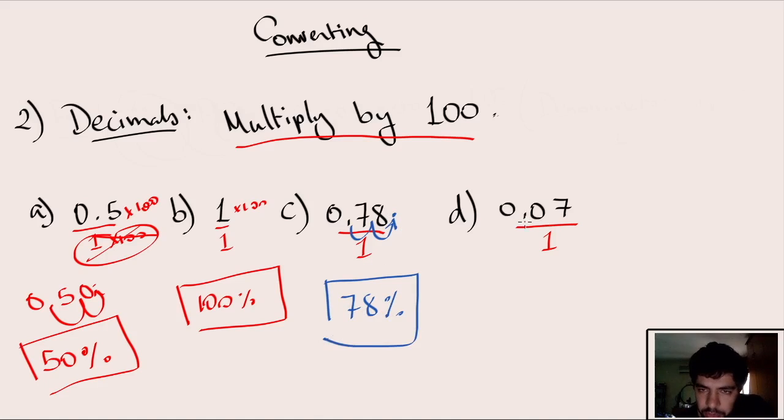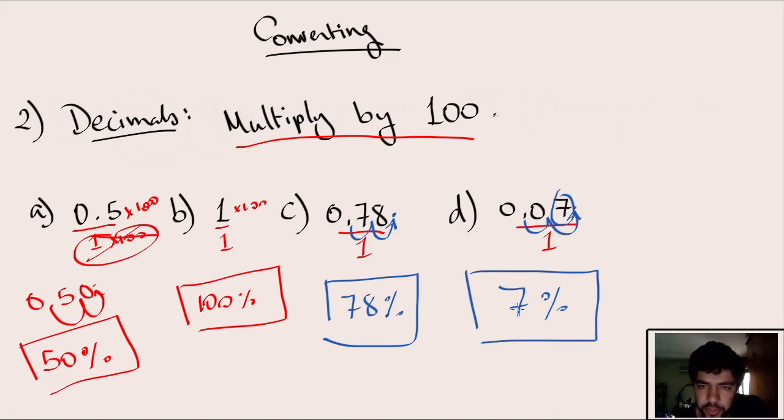And this last one, again, times 100, so it's 7%. Notice how the 7 here was in the hundredths place, and so when we multiply by 100, it just becomes 7, whereas here it was in the tenths place. That's why it became 78. All right, so far, so good.